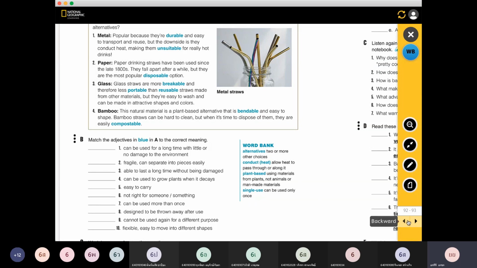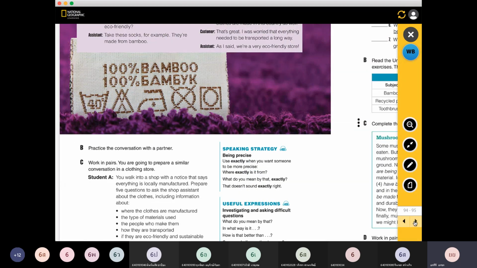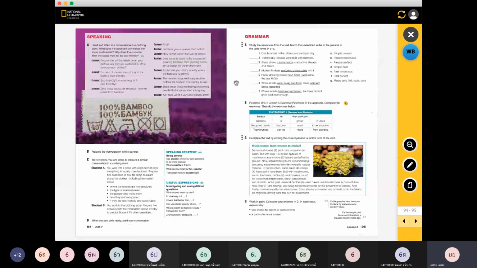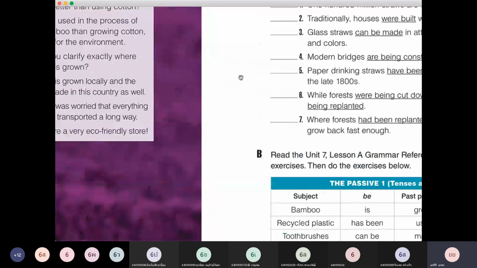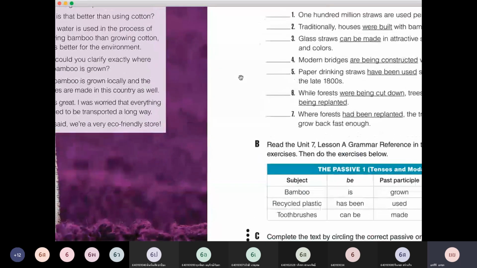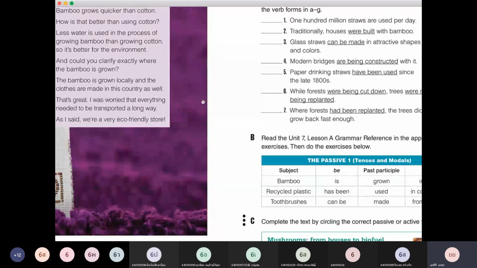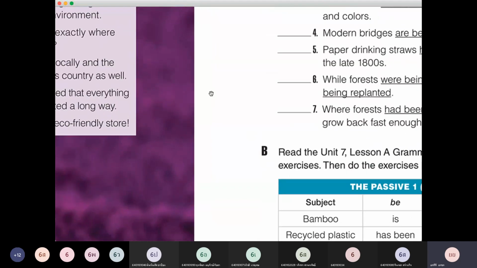When it comes to material, in this unit, when we are talking about material here, we have to talk about this when we want to describe the material. Okay, when we talk about material, what is happening?